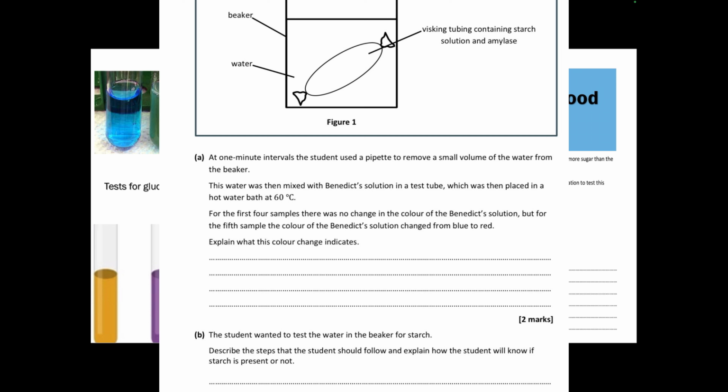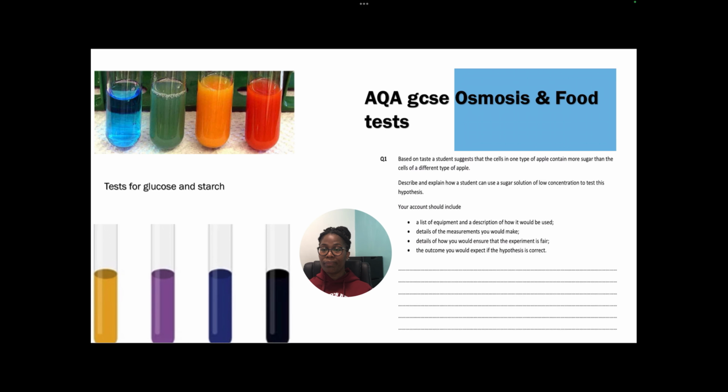Also for starch, you need to use iodine. Iodine solution is a yellowy brown liquid, and if there is starch present, it should change color from orangey brown to blue black.